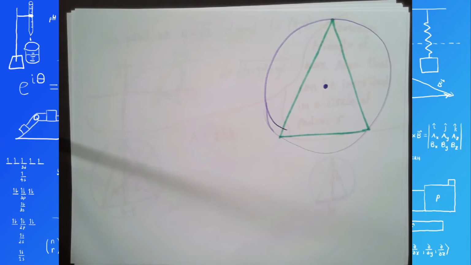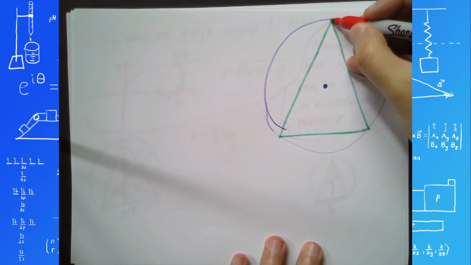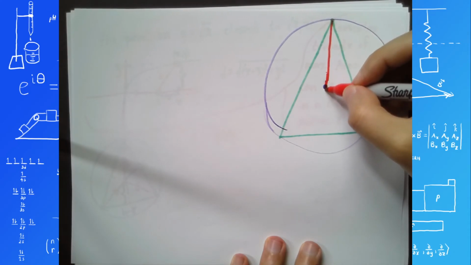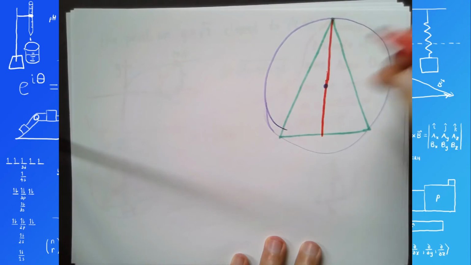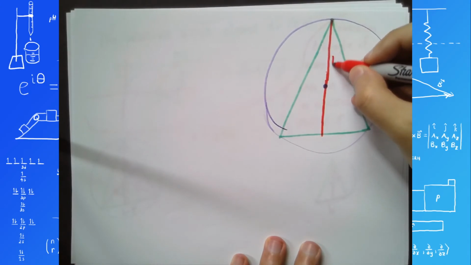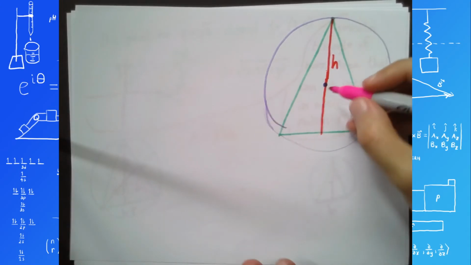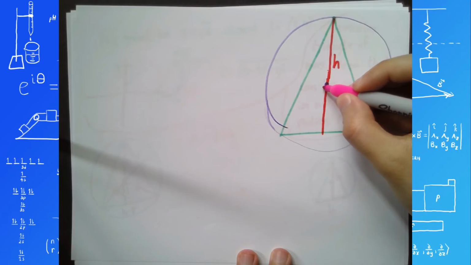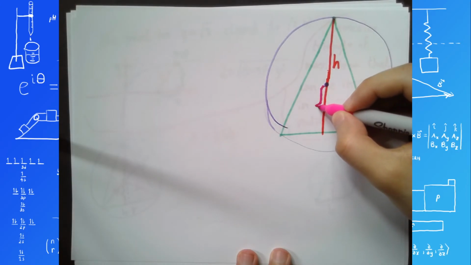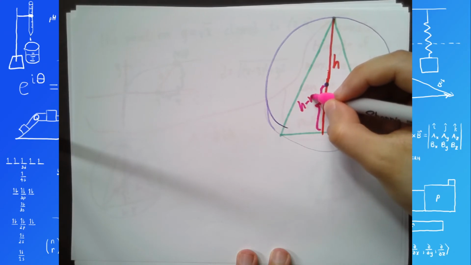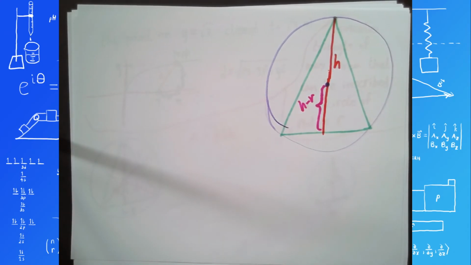Alright, so I'm going to define this as my own variable h. And then that would mean this right here is h minus the radius of the circle.